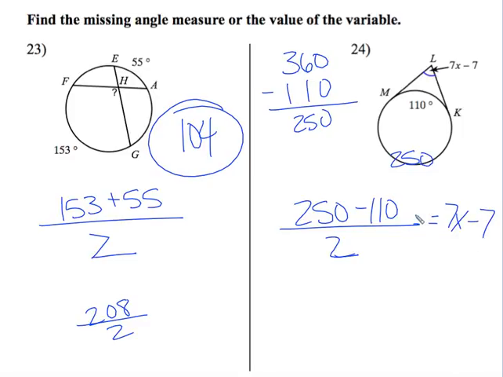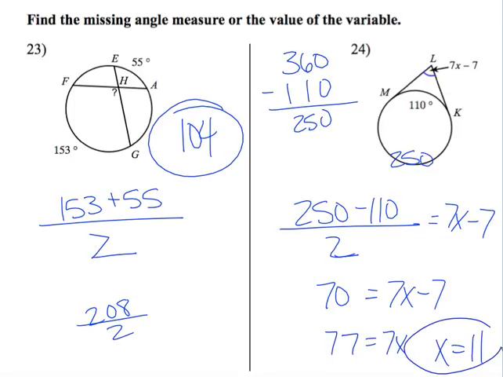So I'd actually do 250 minus 110 and get 140, and then divide that by 2 and get 70. And that equals the 7x minus 7. Add the 7, you get 77 equals 7x. And x equals 11 when you divide. Bad circle again. My bad.